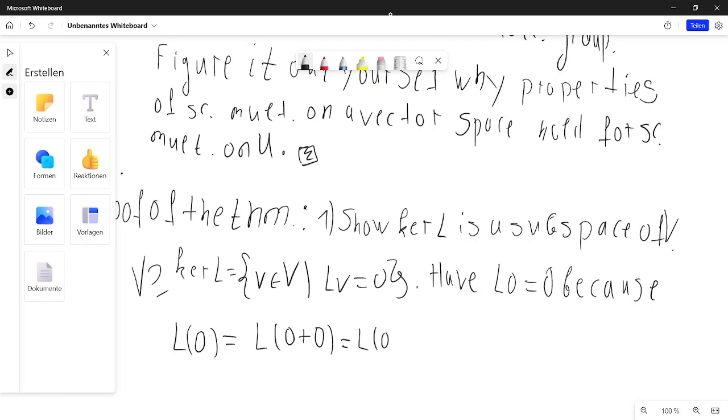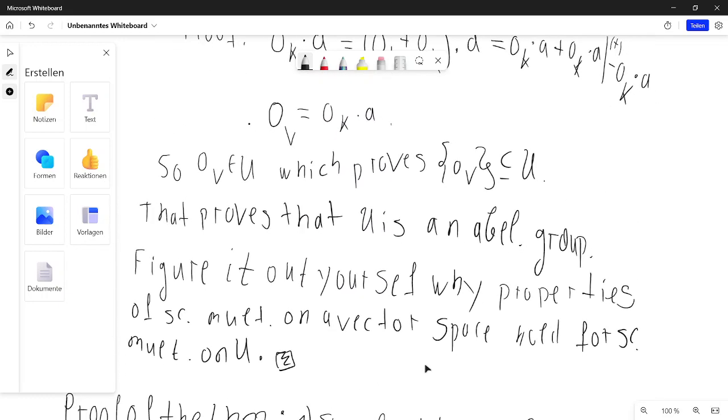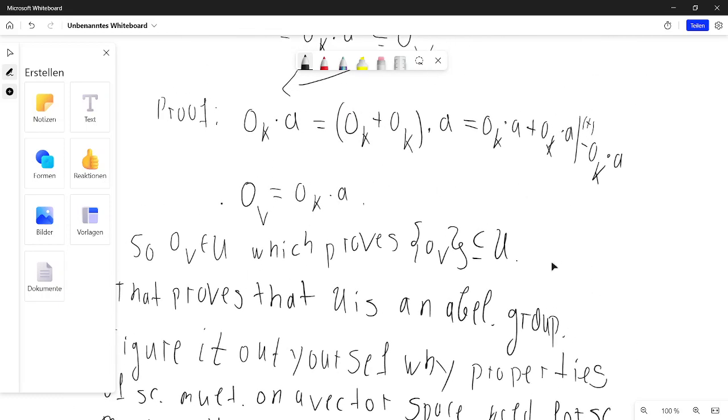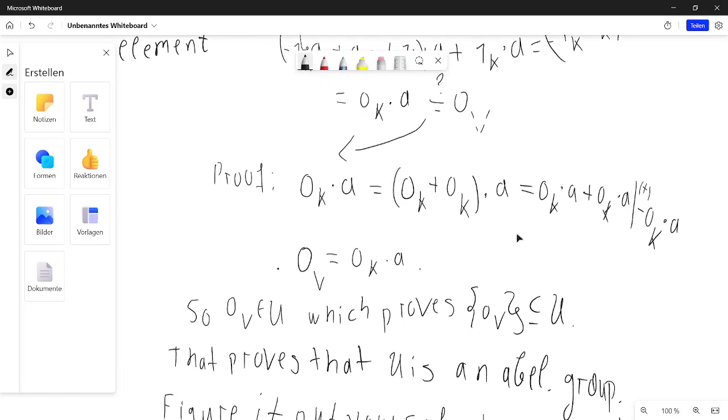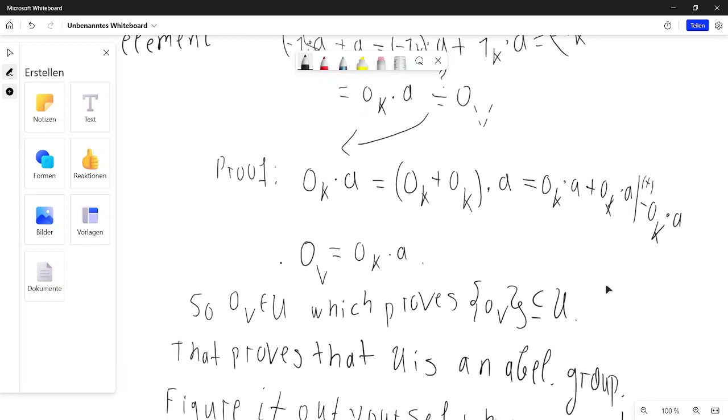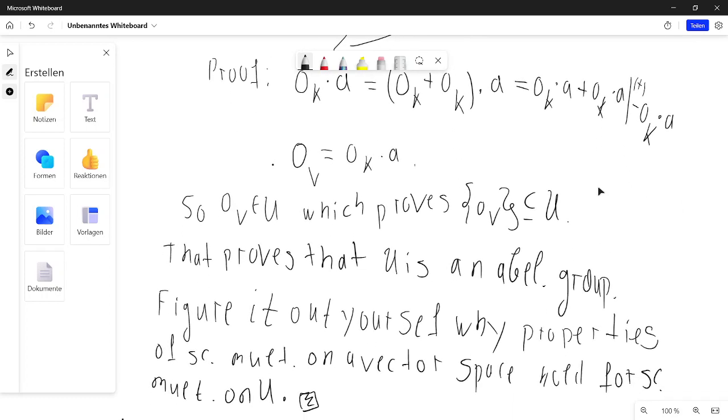And this is very similar to what we proved above, where we have shown that multiplication with 0 gives 0. Actually, if you think about it, what we have shown was kind of the same thing, because multiplication by a can be considered itself as a linear map.